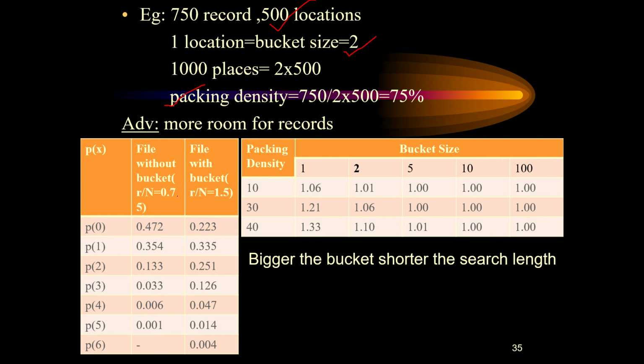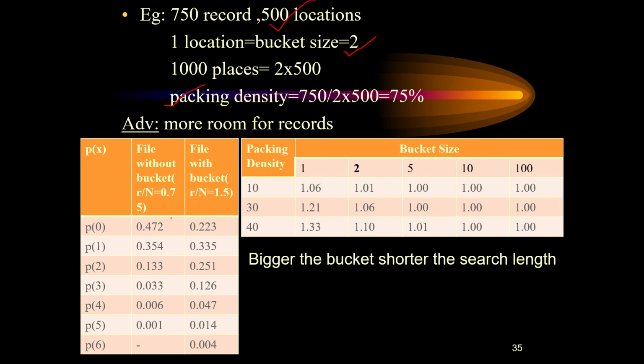But when we look at an example and compare the performance, we can see that the bucket gives more room for more records compared to the other addresses, which hold only one record. Here P of 0, as I have already explained, is the fraction of addresses holding zero records.